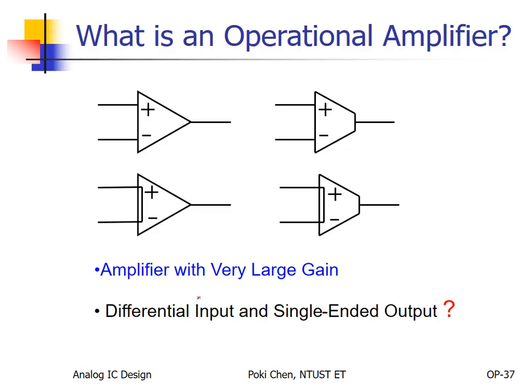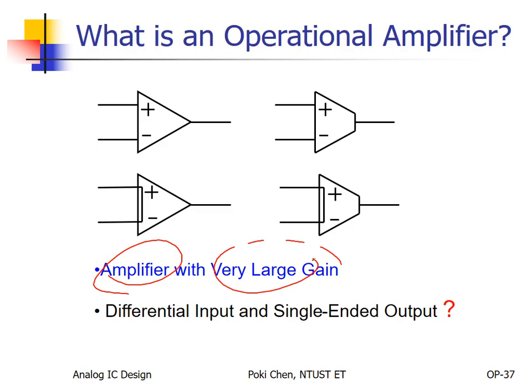So, allow me to reword the definition. Yeah, the definition for an op-amp. What is an op-amp? Amplifier. Never mind what kind of amplifier, with very large gain. Only that?